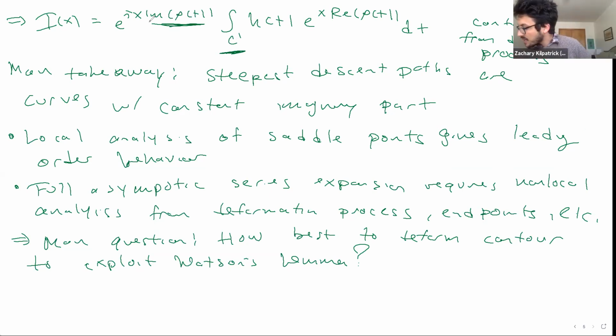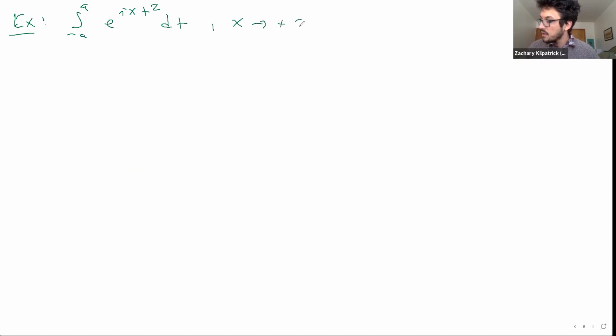Okay. So let's pick an integral that we've already done before. So we already know the answer, but we're going to look at how to deform this contour, how to deform a contour integral in order to compute this using steepest descent. Okay. So we're going to return to this integral that we've looked at in some form before, okay, as x goes to infinity, okay?